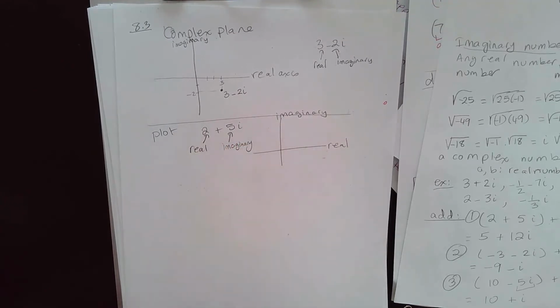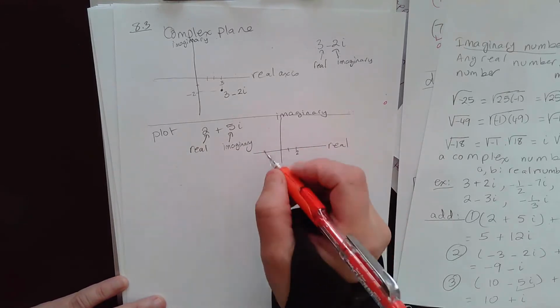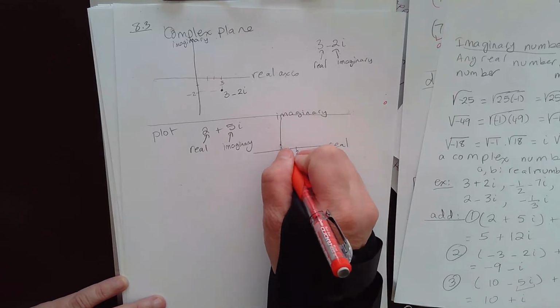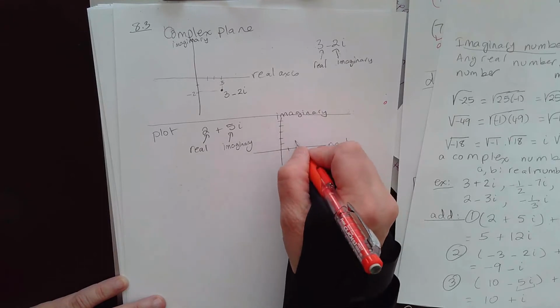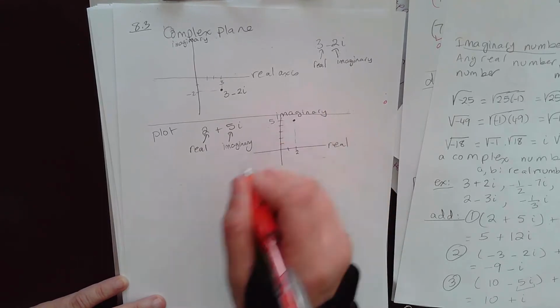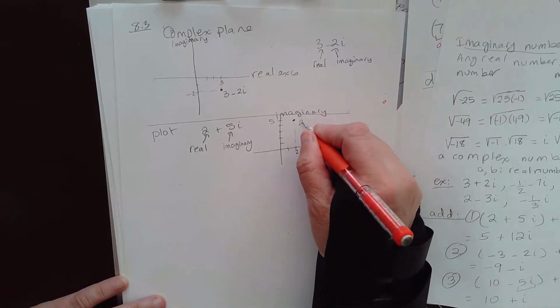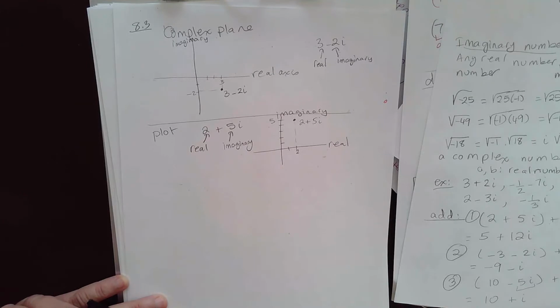The real has 2, so we have 1, 2, here we go. And imaginary 5, 1, 2, 3, 4, 5. So 2, 5 right here. We just plotted 2 plus 5i.